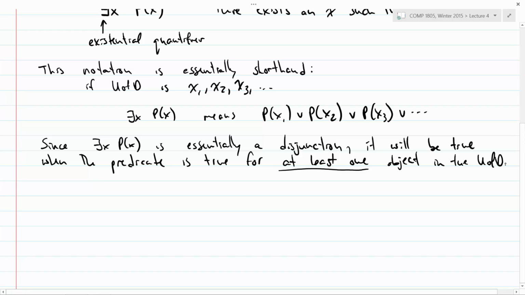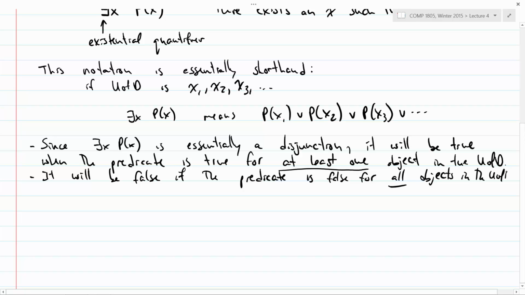Okay? And on the other hand, it's going to be false if the predicate is false for all objects in the universe of discourse. Okay, so keep straight where it's true or false compared to when I say for all or for at least one. Okay, that's important.